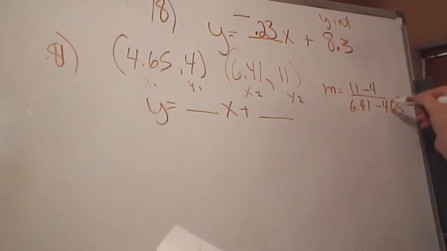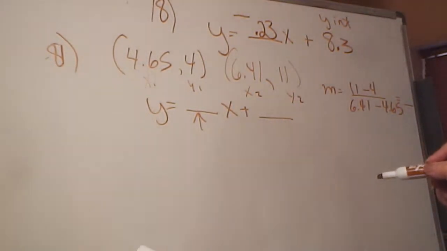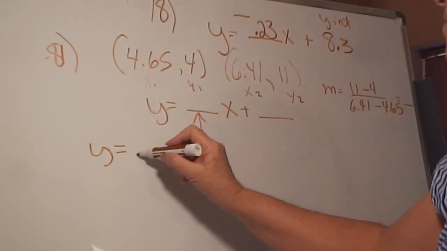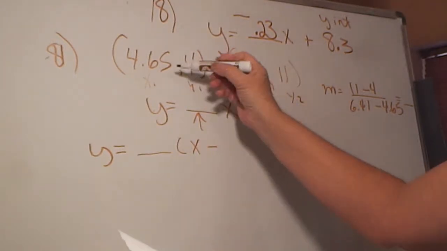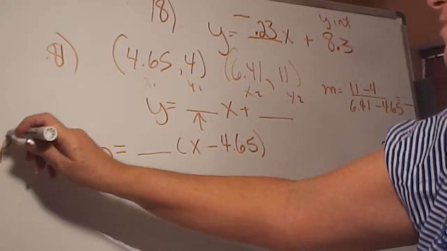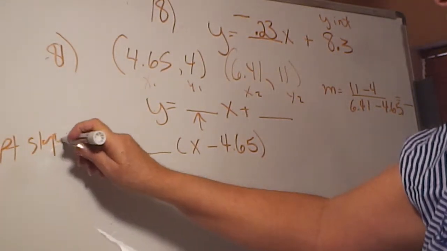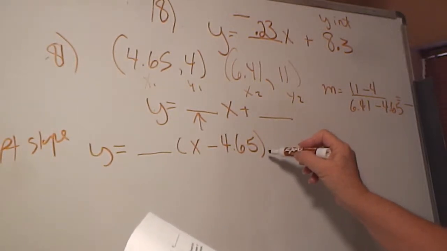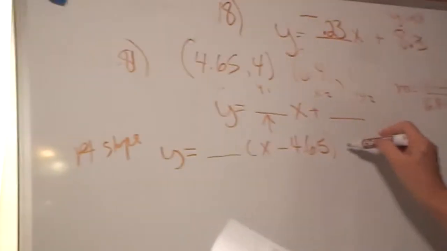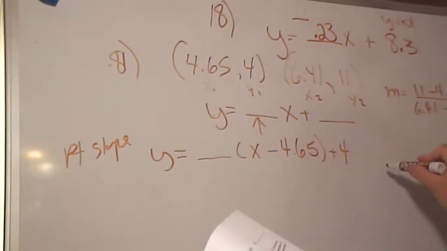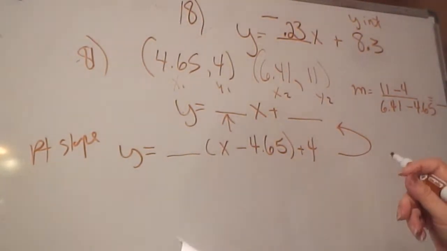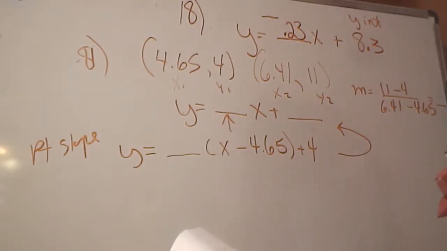You will put that slope in this position. You will also then put y equals the slope, x minus x1, which is 4.65 if I'm using the point slope formula. And y equals the slope that I found, x minus x1 plus y1, which is 4. Distribute and you will get that into this slope-intercept form. That is what you will need.